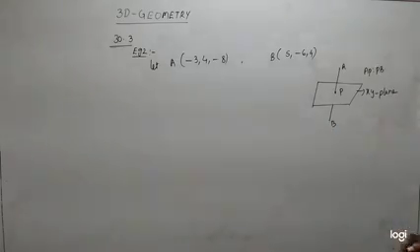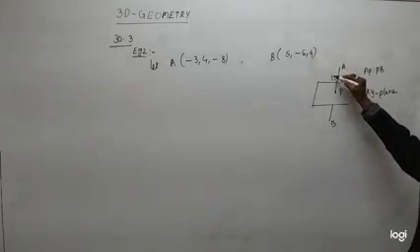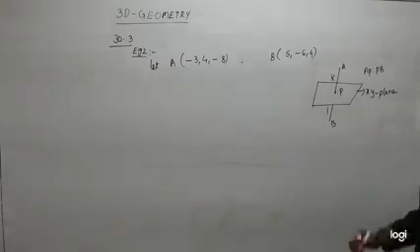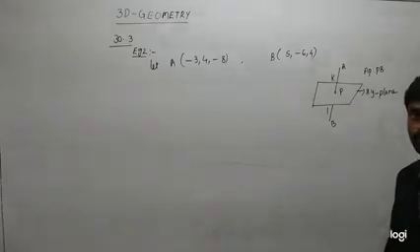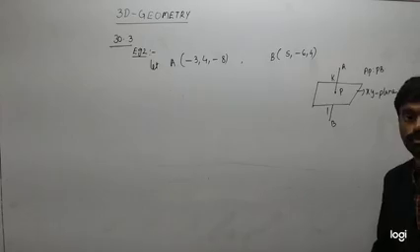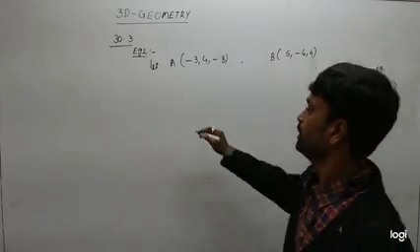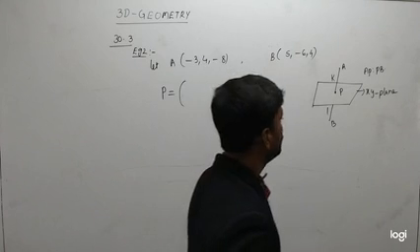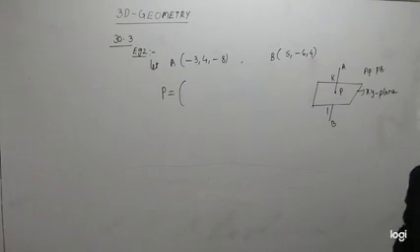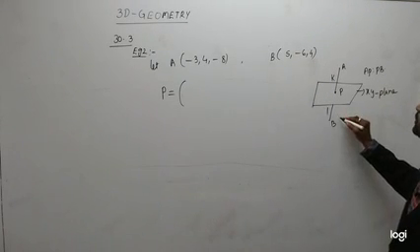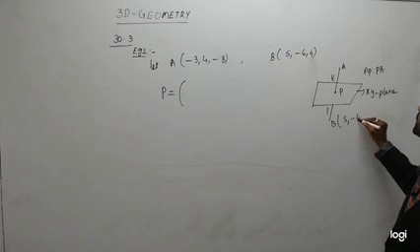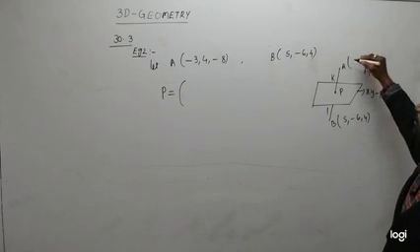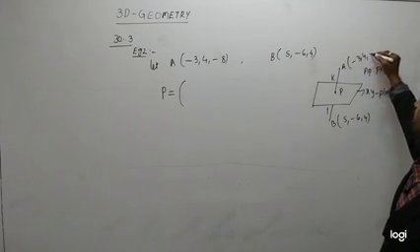How can we find it? Suppose P divides the segment AB in the ratio k is to 1. Then, using the section formula, I'm going to find the coordinates of P. What are the coordinates of B? 5, minus 6, 4. And A is minus 3, 4, minus 8.